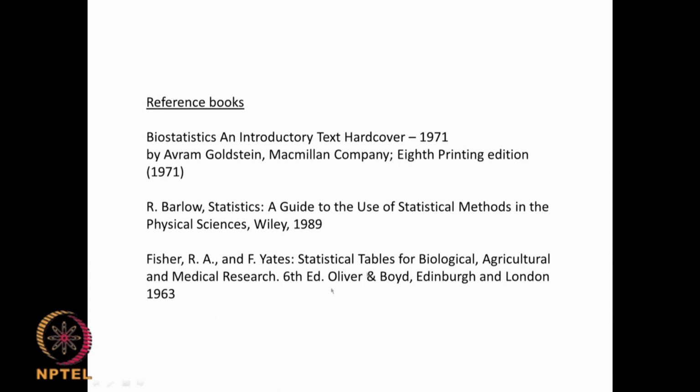So for all these you need to have some tables, and this one gives you. Of course you can get the tables online also, but they are all based on this particular book called Fisher and Yates. They have developed statistical tables for biological, agricultural and medical research.